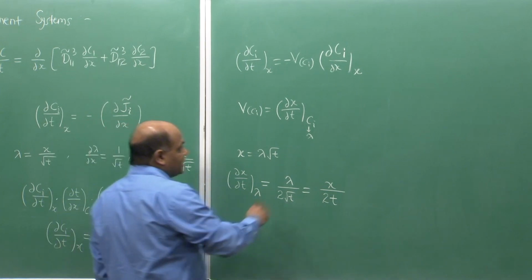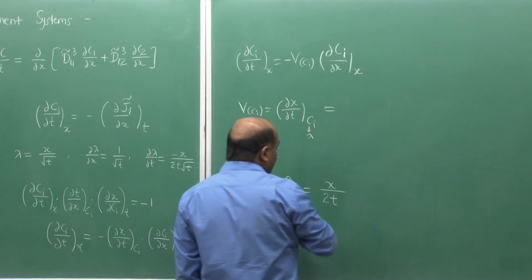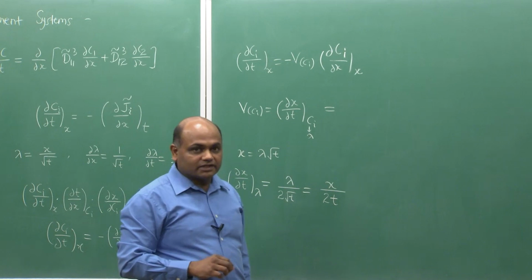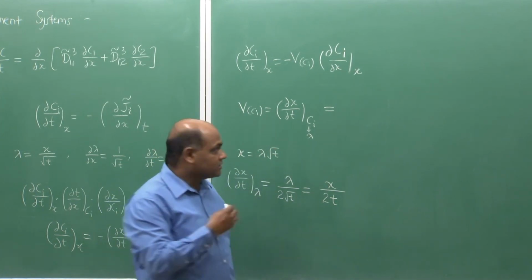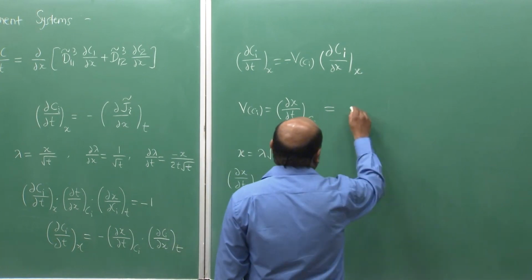So, V of Ci is given as x over 2t, and if x naught is our origin, we can write it as x minus x naught over 2t.